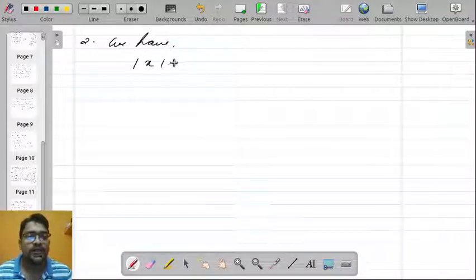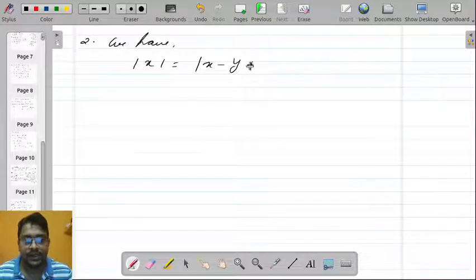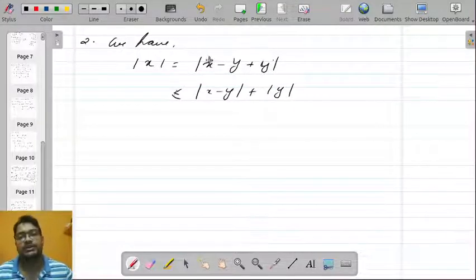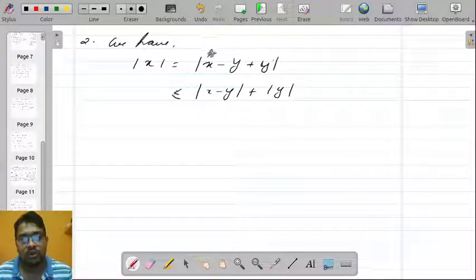We have mod of x is equal to mod of, instead of x I can write x minus y plus y. So this is less than or equal to mod of x minus y plus mod y. Here I have applied the triangle inequality on x minus y and y.